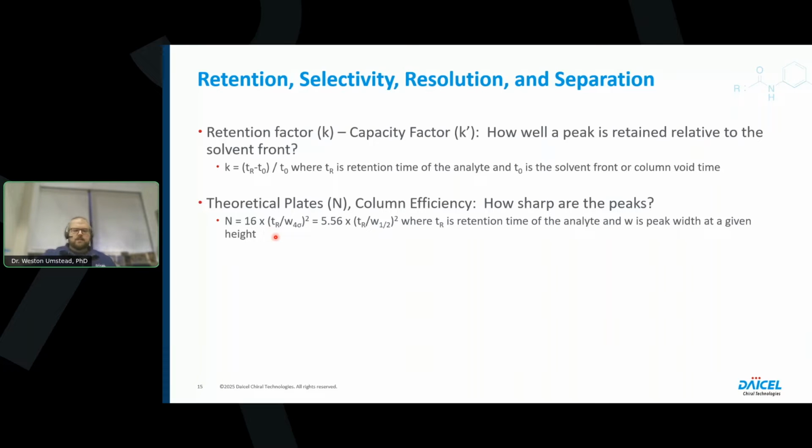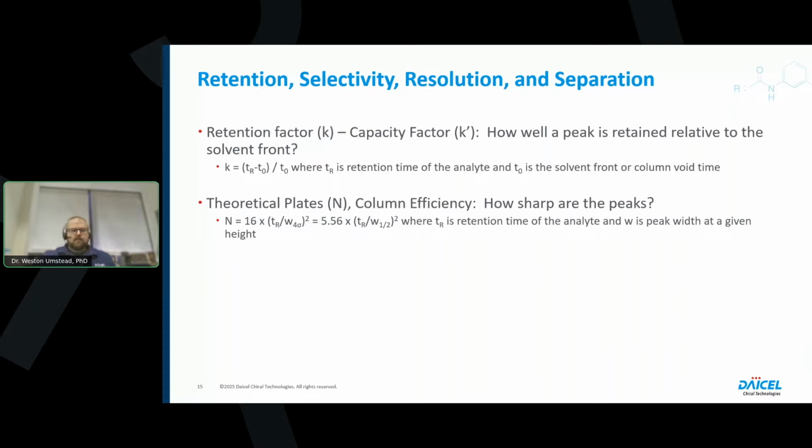Again, here when we see tR, we're talking about the retention time of the particular analyte, and then W is going to be the peak width, and that's really where a lot of the variability comes in. Peak width could be assessed either at half the peak height, or four sigma. There's a lot of different variability, and each manufacturer and group has a little bit of a preference on how it does that.